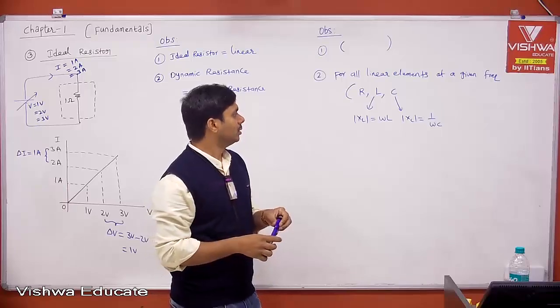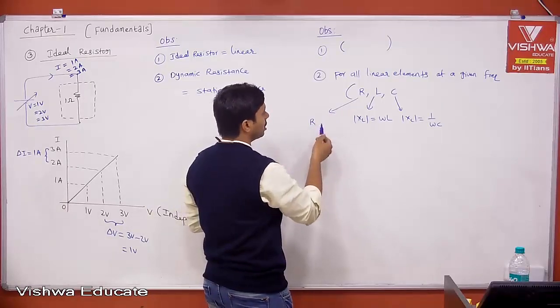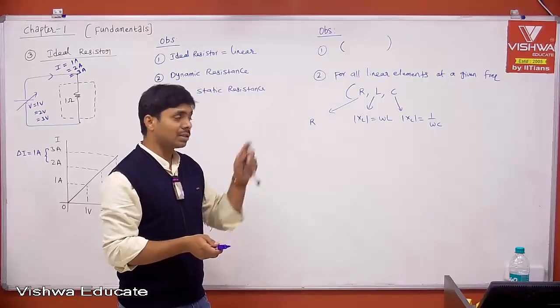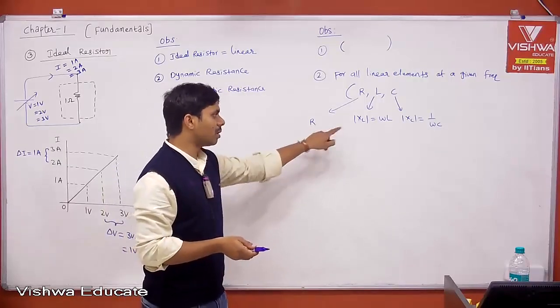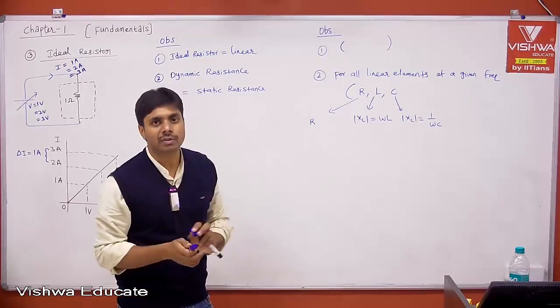But in the case of a resistor, at low frequency, the resistance is resistance only. It is independent of frequency. But if you take a very high frequency, with skin effect and all, the resistance is also a function of frequency. But now I am saying at a given frequency, but low frequency.